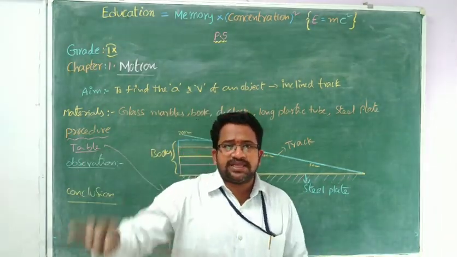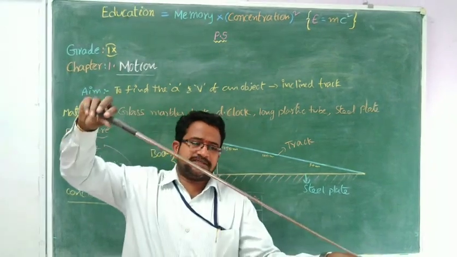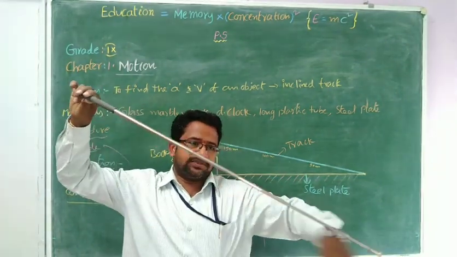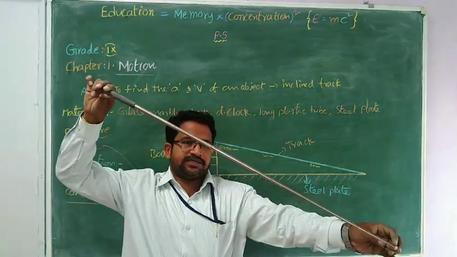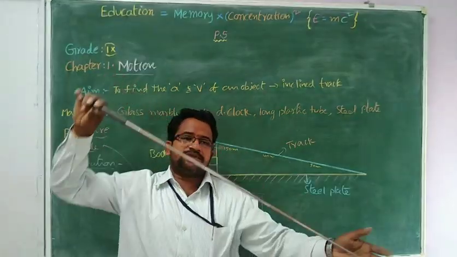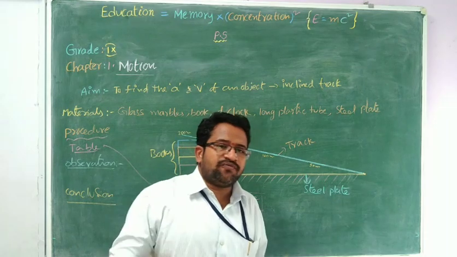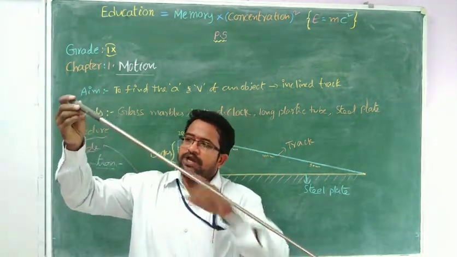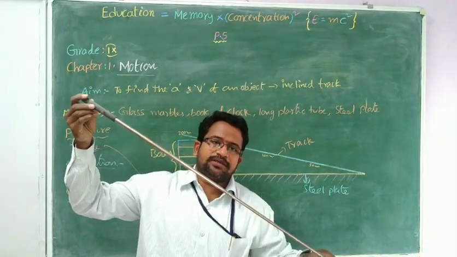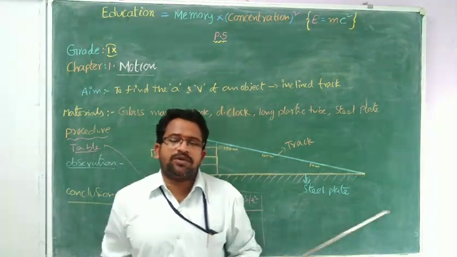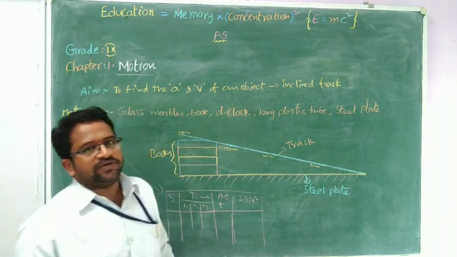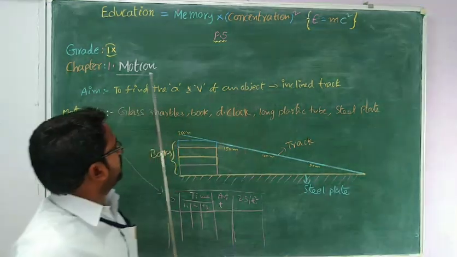The track is inclined like this, making some angle with respect to the horizontal surface of the earth. So that is what we call inclined. When the object is moving on the inclined track, what about its acceleration and velocity? For that you have to do a small activity.